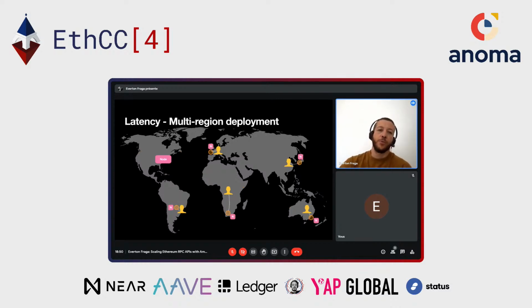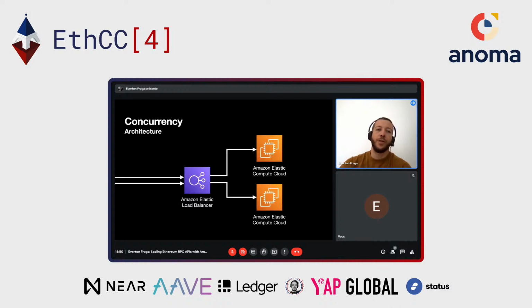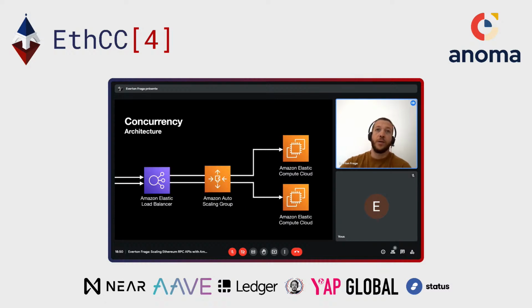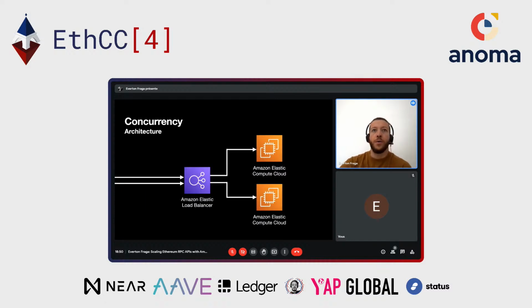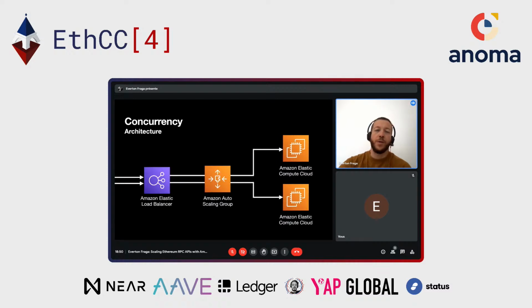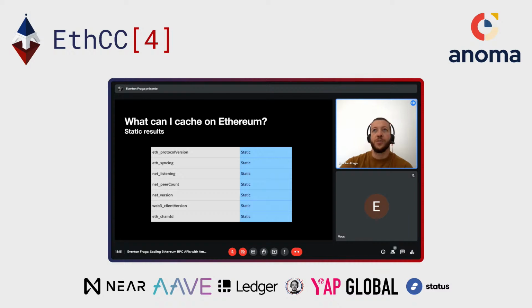Or you can have a multi-region deployment. Also, you can deploy more instances, being them Elastic Compute Cloud, like the EC2, or Amazon Managed Blockchain, and you wouldn't even need to manage those servers. And then you can add more nodes or shut them down depending on your use. So this way you can handle concurrency better. Then you can handle the requests per second for each node by caching or optimizing those RPC calls.